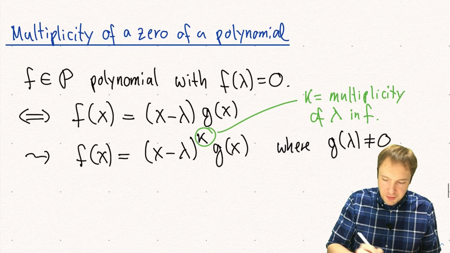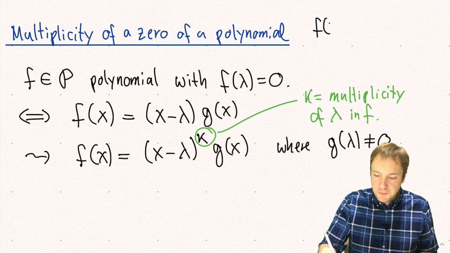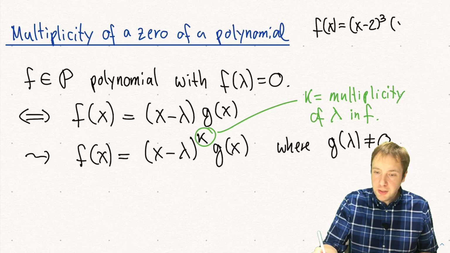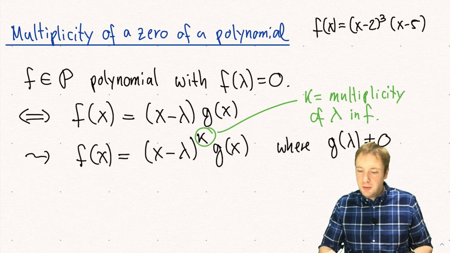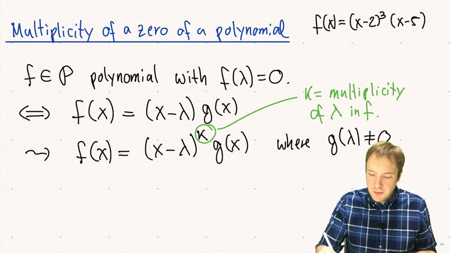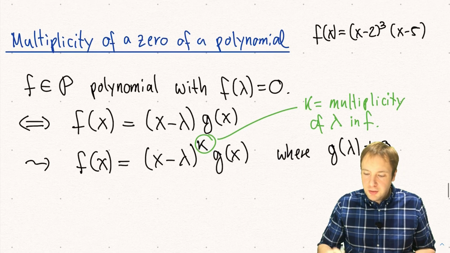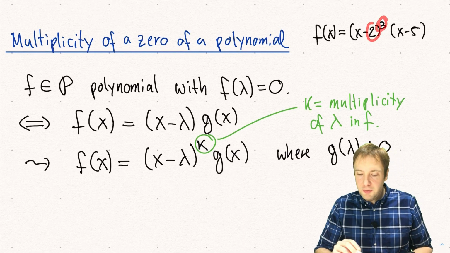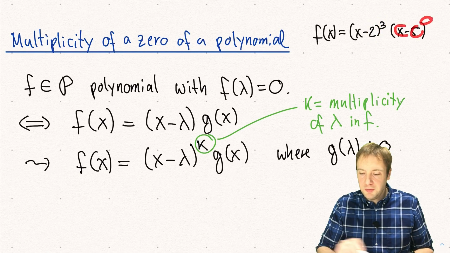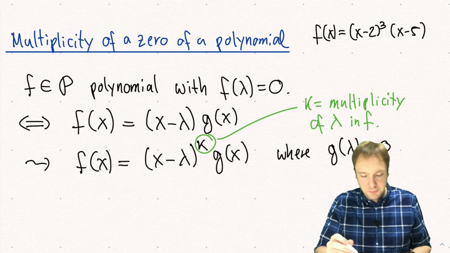So for example, if I have the polynomial f of x is (x minus 2) cubed times (x minus 5), then 2 and 5 are the zeros, and 2 has multiplicity 3, and 5 has multiplicity 1.